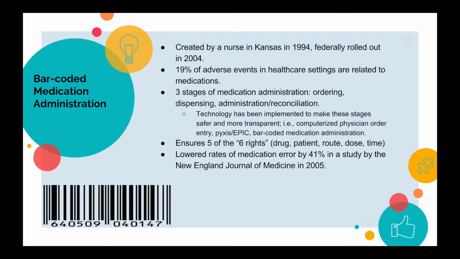These stages are ordering, dispensing, and administration/reconciliation. Given the first two interventions we discussed, computerized order entry and electronic charting, these are the first two interventions using information technology for the first two stages of medication administration and handling.